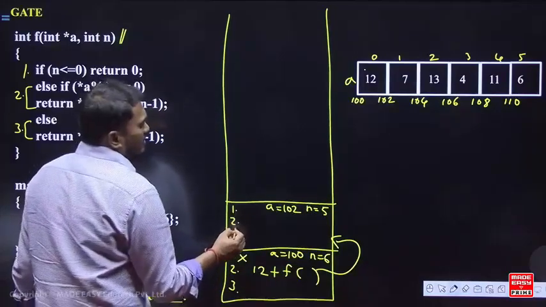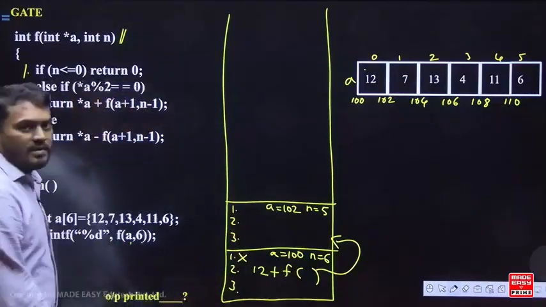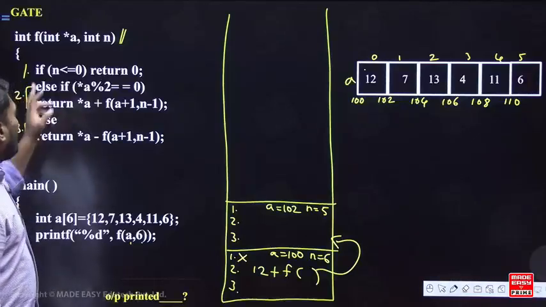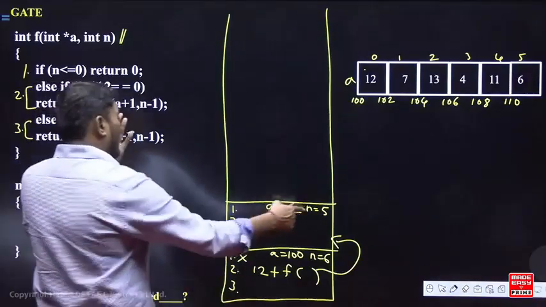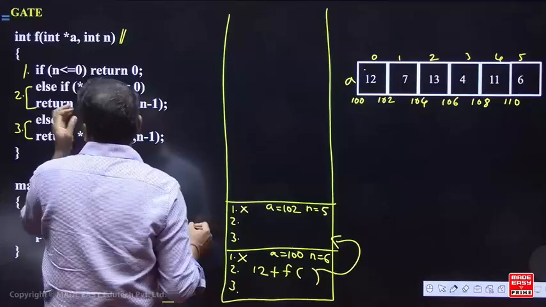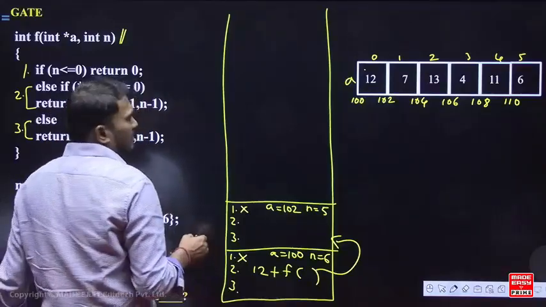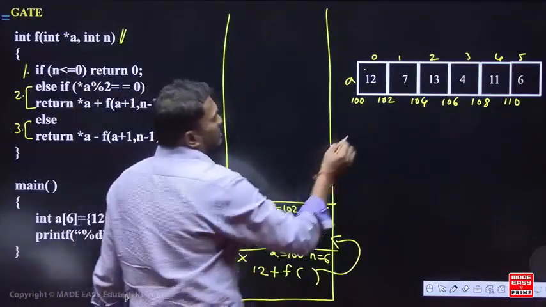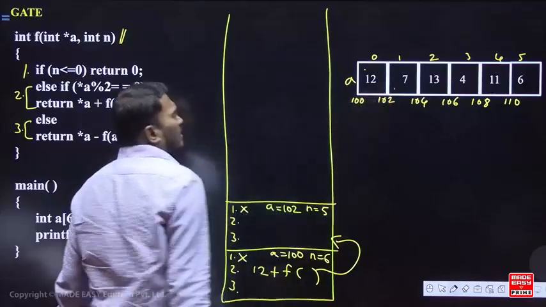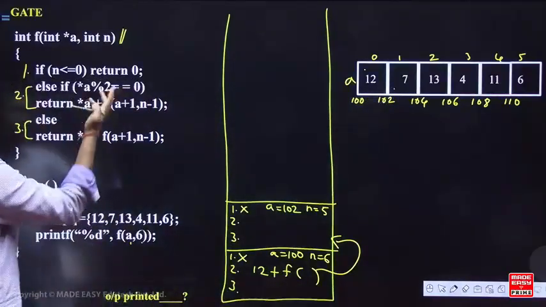Next again you will have 1, 2, 3 statements. N less than or equal to 0, true or false? False. Now star a mod 2 equal to 0, star a is the value at the location 102, which is 7. Now 7 mod 2 equal to 0, true or false? False.